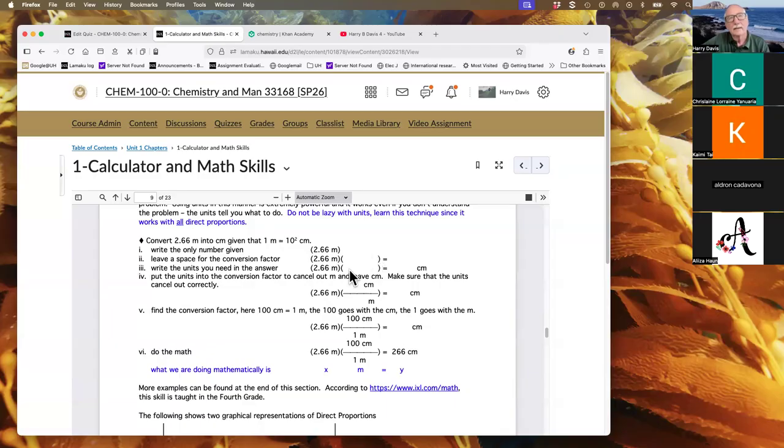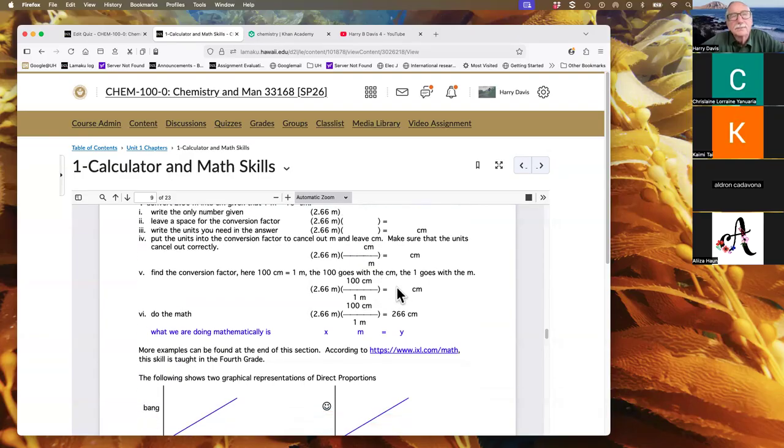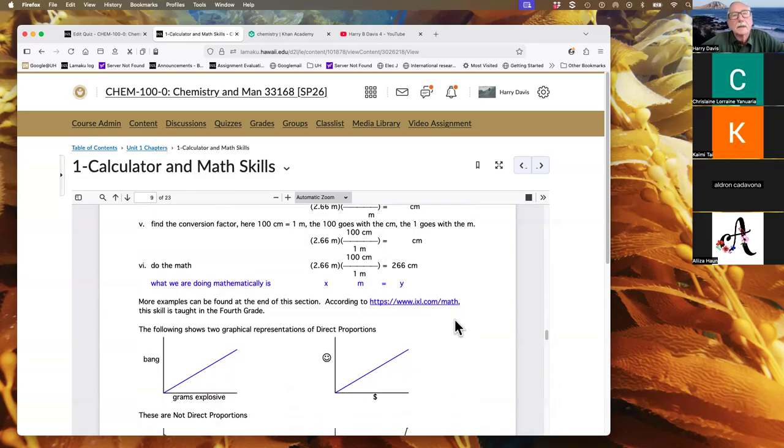But I can determine what the answer is going to be by what they're asking me. So I'm setting up the problem here. And furthermore, in this conversion factor, I have to cancel out meters and keep centimeters. That tells me exactly what needs to go in here. So I set the problem up, looking at the units. I know the answer is going to be correct.